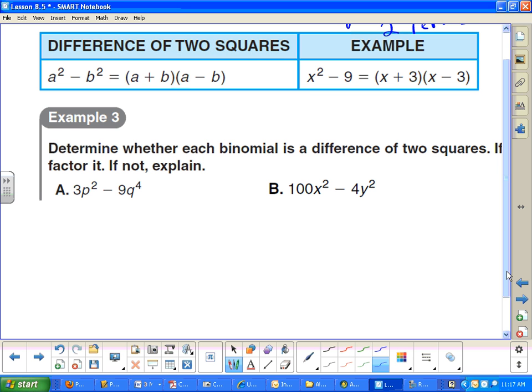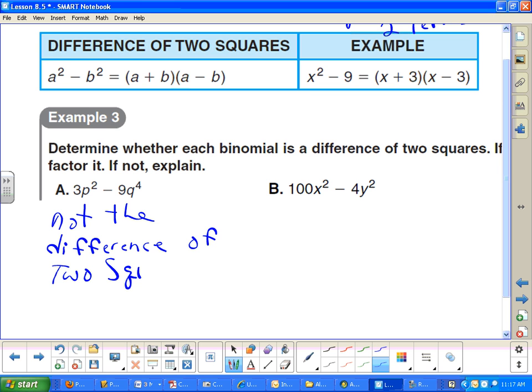Is 3 a square? No. 3 is not a square, so this is not.